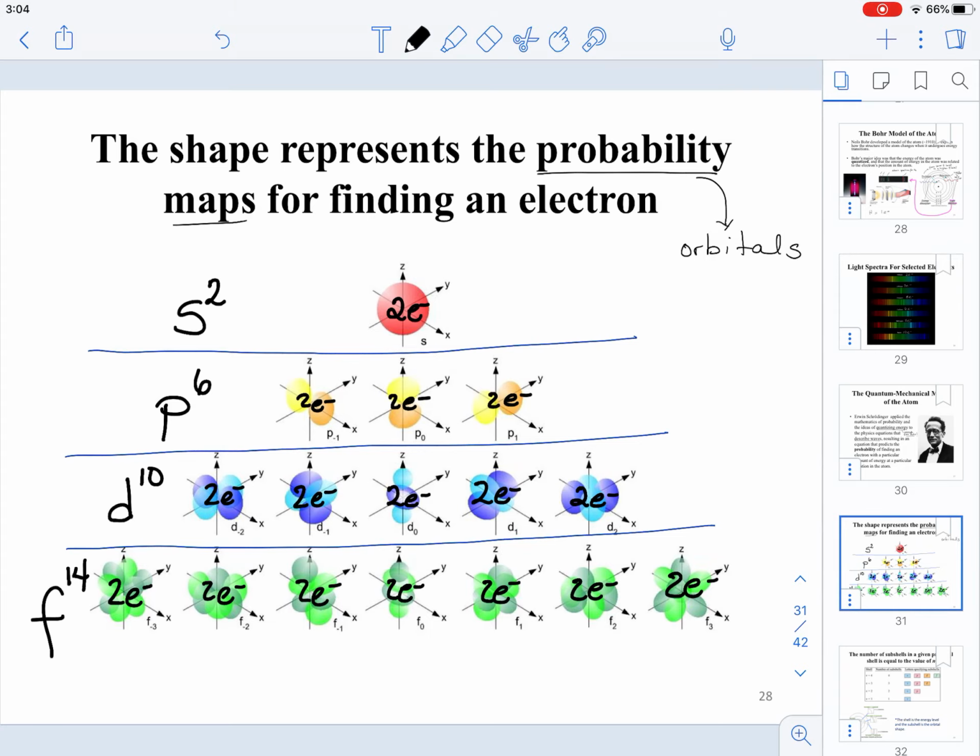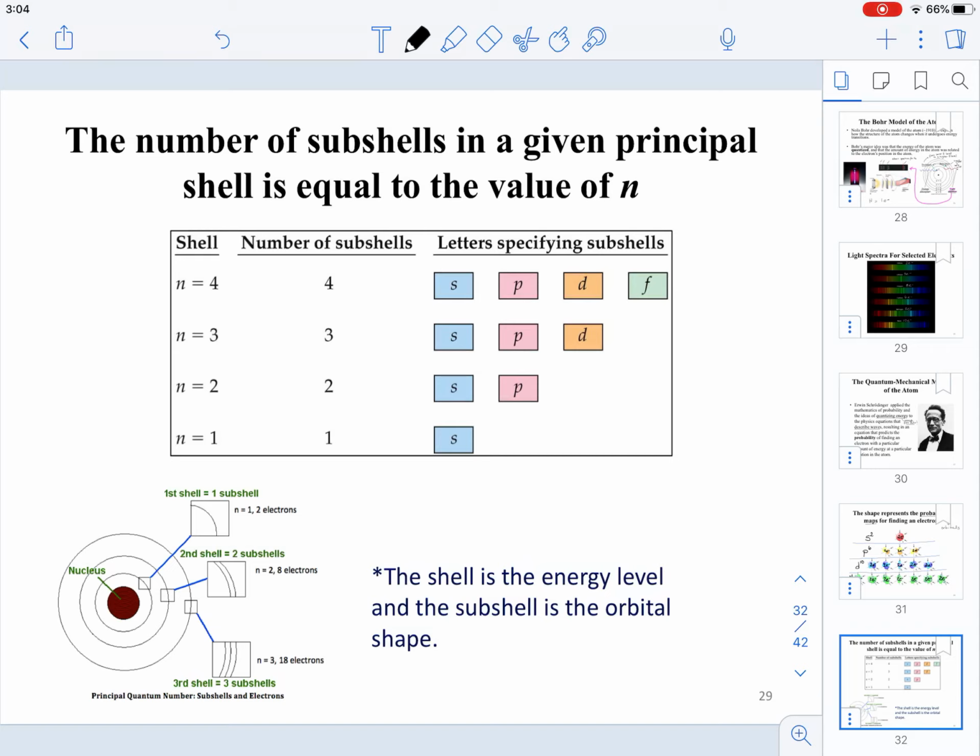Now, remember, in this model, we also have quantized energy levels along with these probability maps. The probability maps that I just illustrated are what are called subshells.